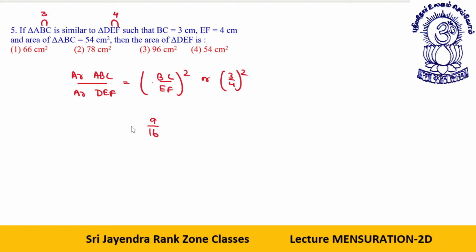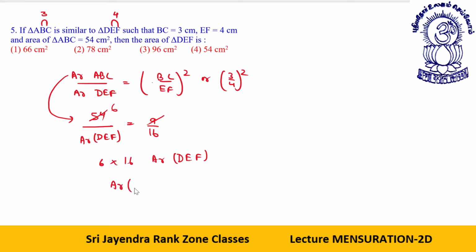This gives me 9 by 16 is equal to area of ABC, which is 54, upon area of DEF. This you have to find, my dear students. This cancels to give 6. So area of DEF is equal to 6 into 16, that is 96 centimeter square, or I can say option 3 is the answer.